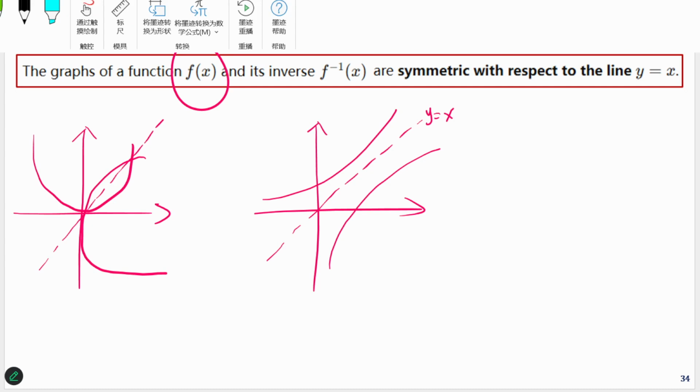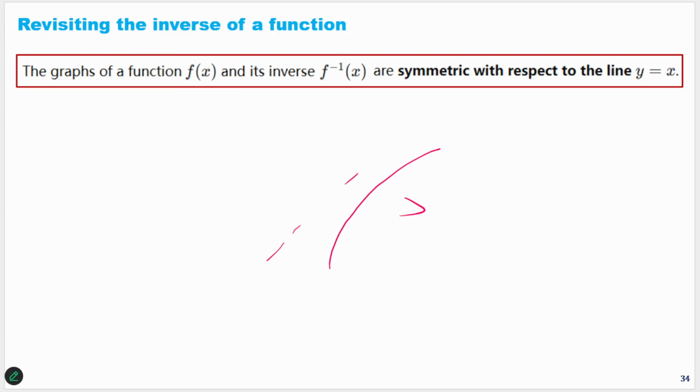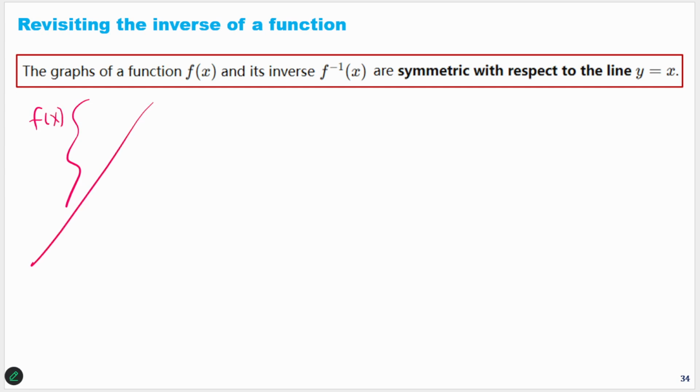Okay, so let's separate this question a little bit. This really checks your understanding of the property of lines and their relationships. Basically, if you want to prove this, we need to prove that any point on f(x), so suppose this is a curve of f(x), no matter what it is, any point on f(x), if reflected in the line y equals x, must be on the graph of f inverse of x, right?